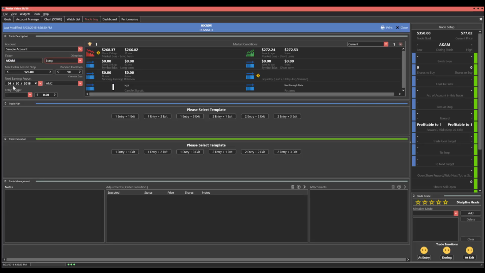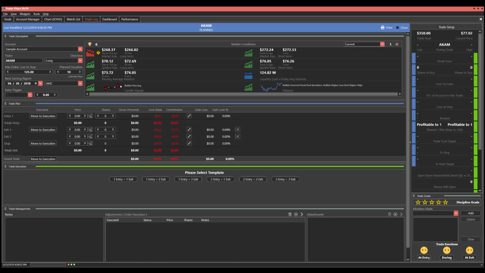Okay, they've got earnings out of the way. Very bullish chart. You can see it's the piercing candle. We've got some things going for us. Let's just look at those two exits, which of course I did not write down.